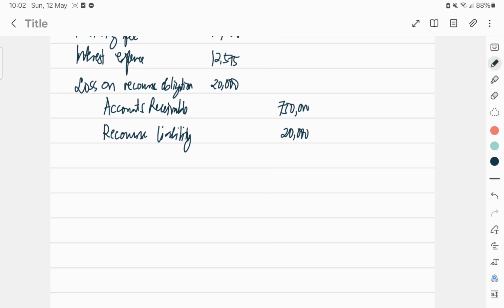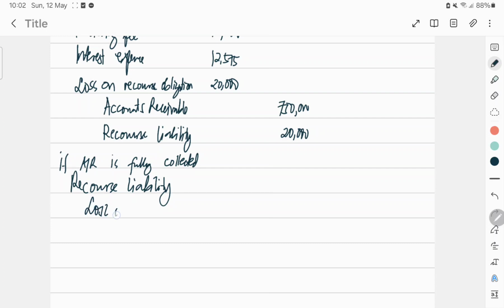Pero, paano kung si customer ay magbabayad? So what will happen? You're going to reverse the recourse liability. So you debit, if AR is fully paid or fully collected. Okay. So, magde-debit tayo ng recourse liability para ma-close na siya. And then we will credit loss on recourse obligation.